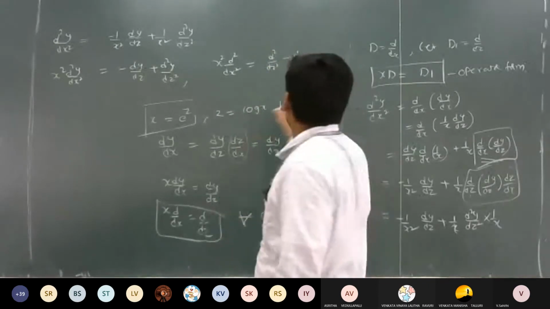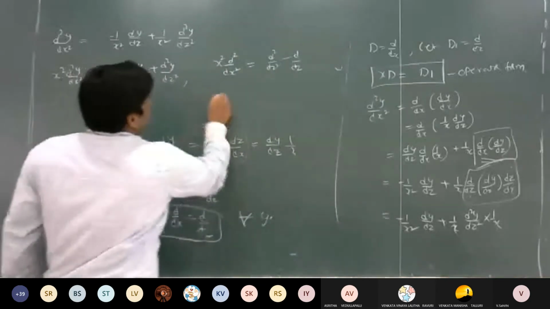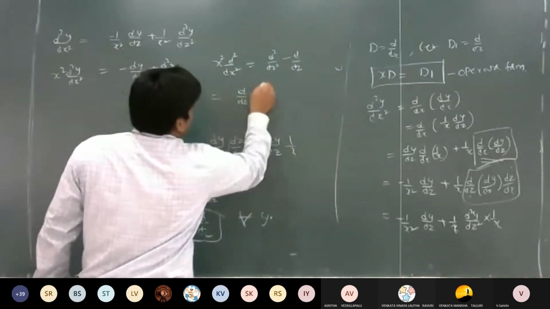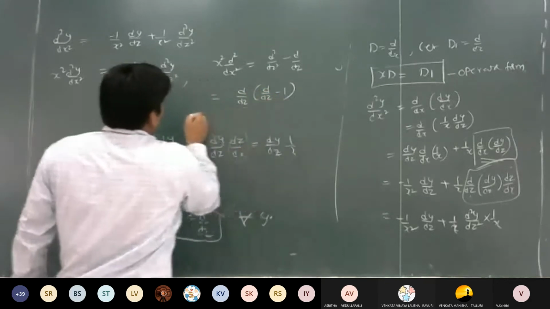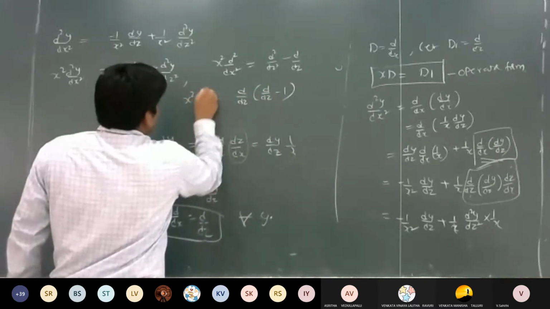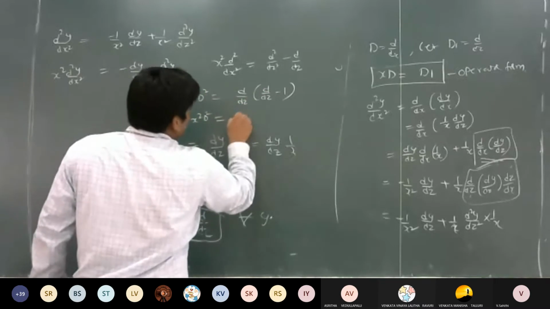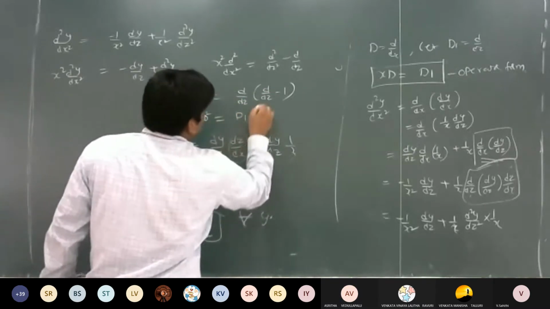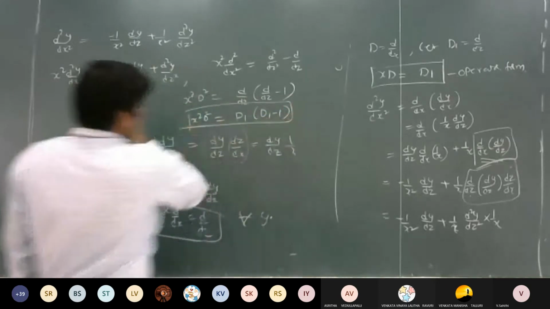Taking d by dz common, that is d by dz into d by dz minus 1. So x square D square is equal to D1 into D1 minus 1, where D1 is d by dz.